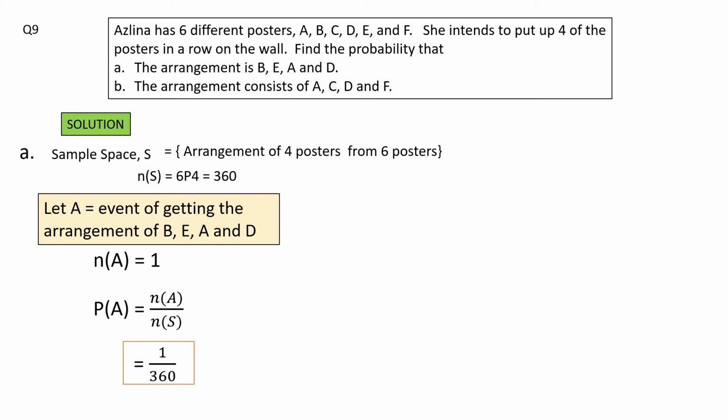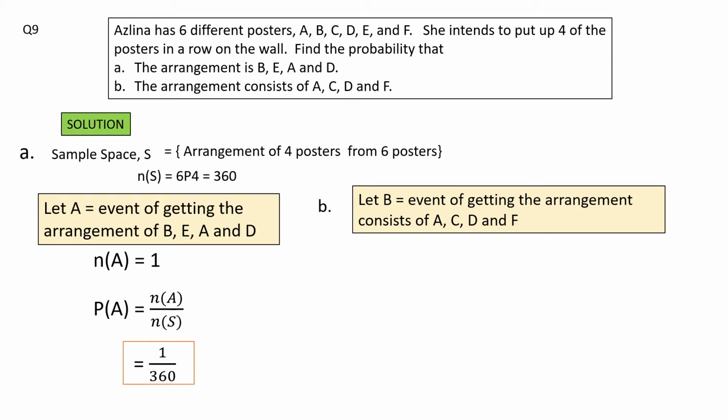Okay, now for the second question, find the probability that the arrangement consists of A, C, D and F. Here the arrangement must consist of A, C, D and F. Let's define the event. So let B be the event of getting the arrangement consisting of A, C, D and F. The arrangement must have these 4 letters.